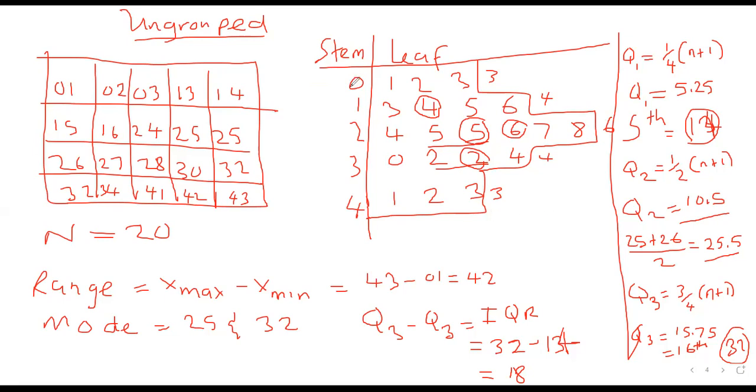So this can now become grouped data. 0 to 9, 10 to 19. How many are they?